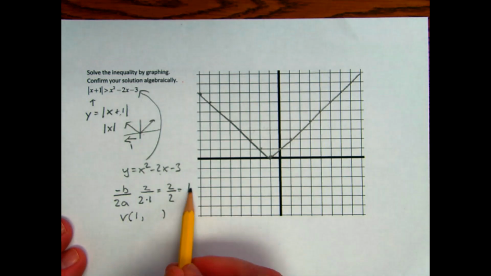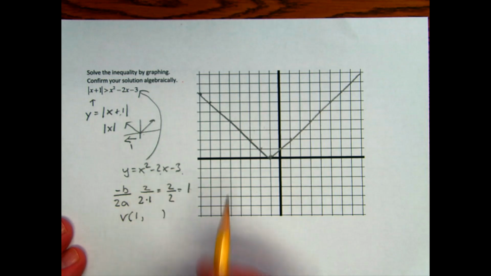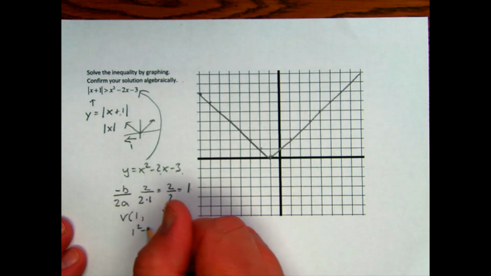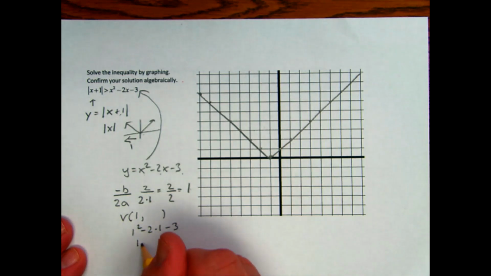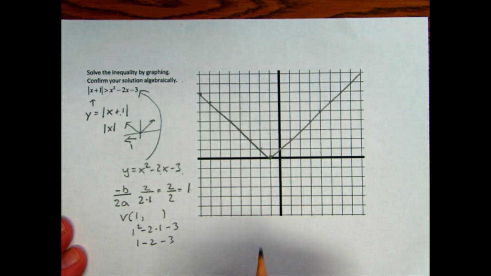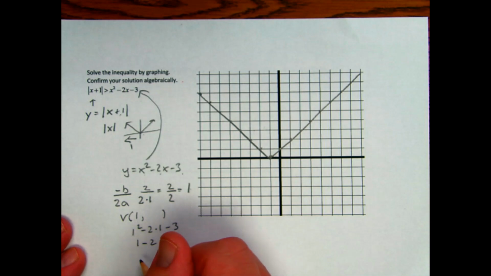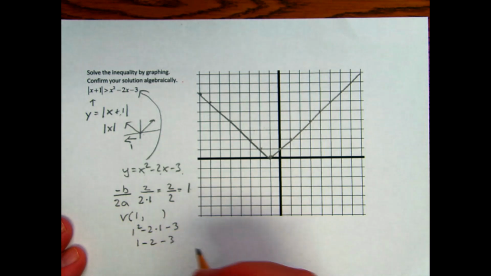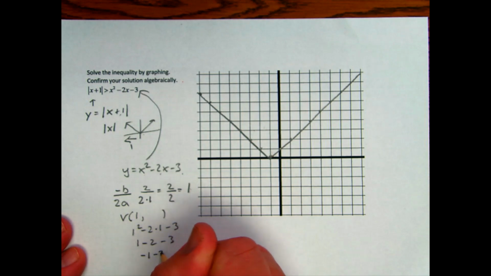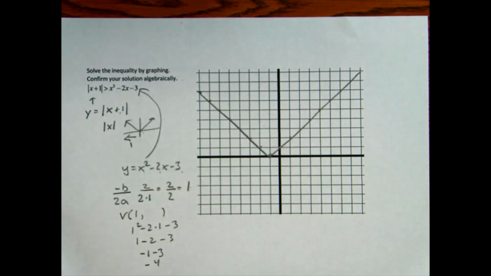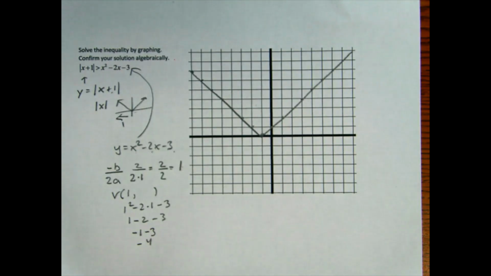We can plug that 1 back into the original expression: 1 minus 2 minus 3, which is -1 minus 3, -4. So we are at (1, -4).